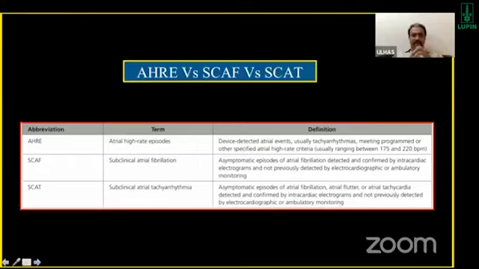You don't simply take the data from the device and believe it. In SCAF, you have looked at the high atrial rate event and you have confirmed this as atrial fibrillation because of the characteristics of the atrial electrograms recorded in the device.